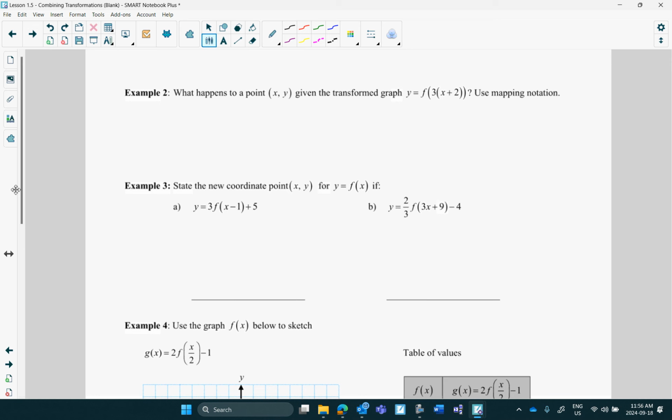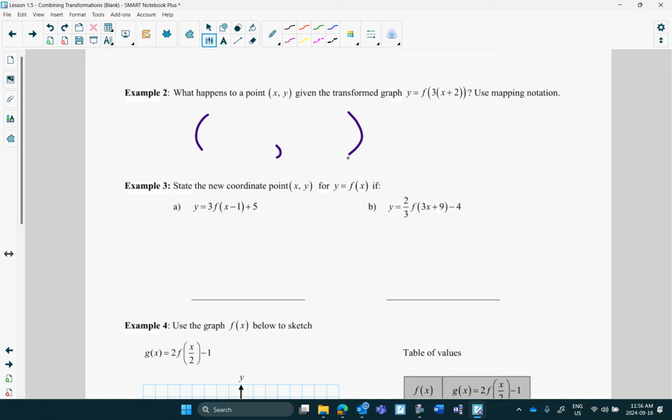How many transformations? Just 2. So this isn't too bad. I just need to figure out the numbers. Is it affecting the X's or the Y's in the mapping notation, and how?